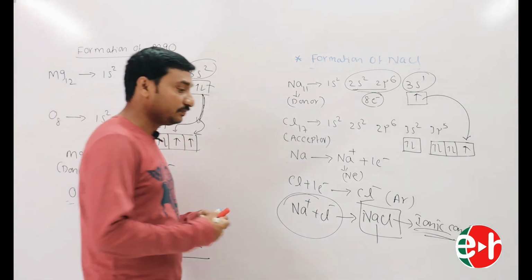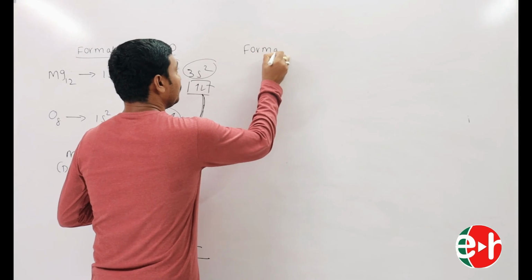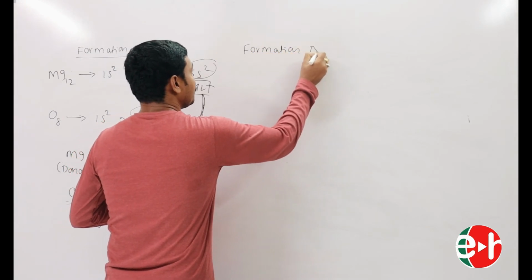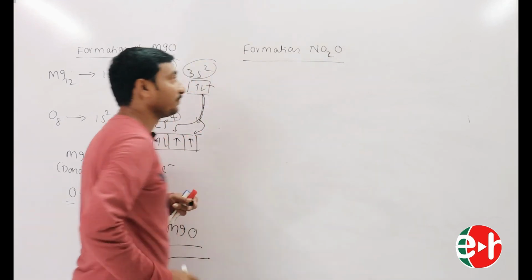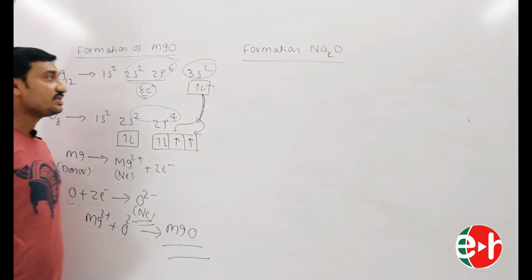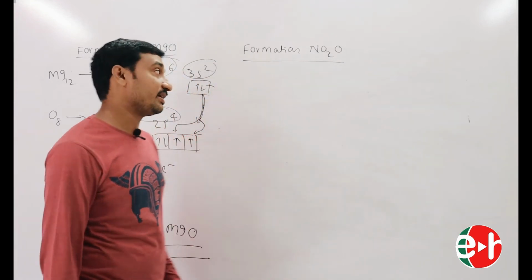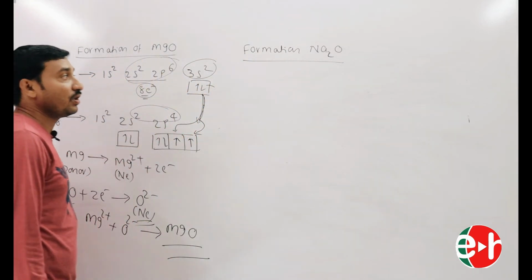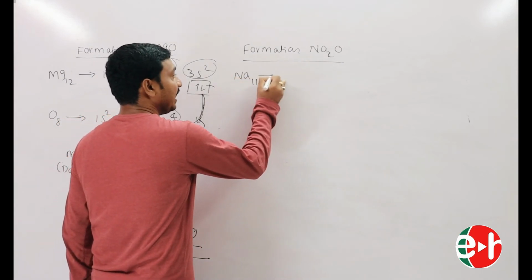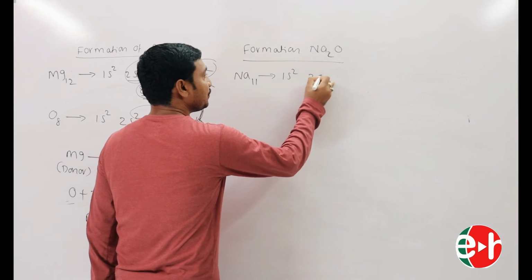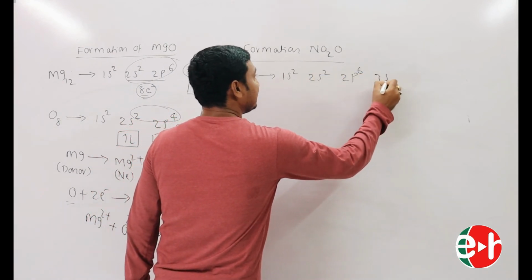One more example, formation of Na2O, sodium oxide. See, here how many sodium atoms are there? 2 sodium atoms. How many oxygen atoms? 1 oxygen atom. We know sodium has atomic number 11, electronic configuration 1s2, 2s2, 2p6, 3s1.